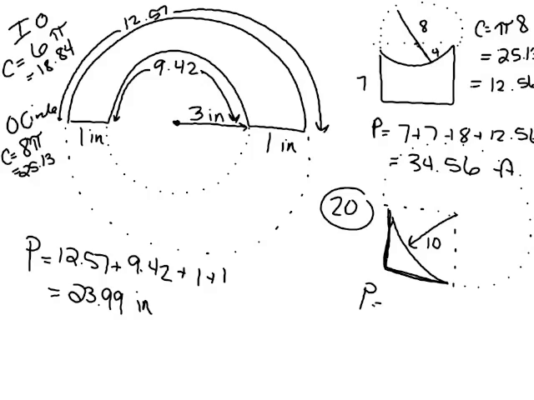So my perimeter is going to equal 10 plus 10, and then how do I find this portion of the side? The circumference divided by 4. Okay, so take the circumference of the circle. Here's my radius, so what's my diameter equal? 20. Okay, so the circumference equals pi times 20, which is 62.83.